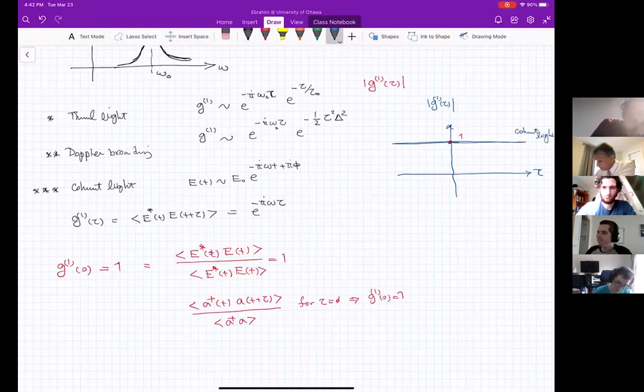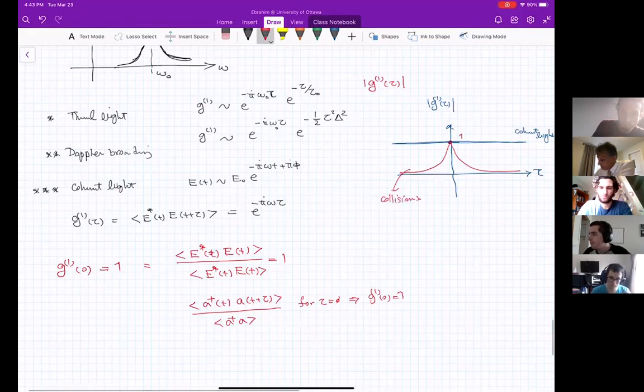Josh, can you tell me for the rest? For thermal light, it starts from 1 and then drops exponentially, and this is for collisions. And for the other case, Doppler broadening, it goes like a Gaussian.